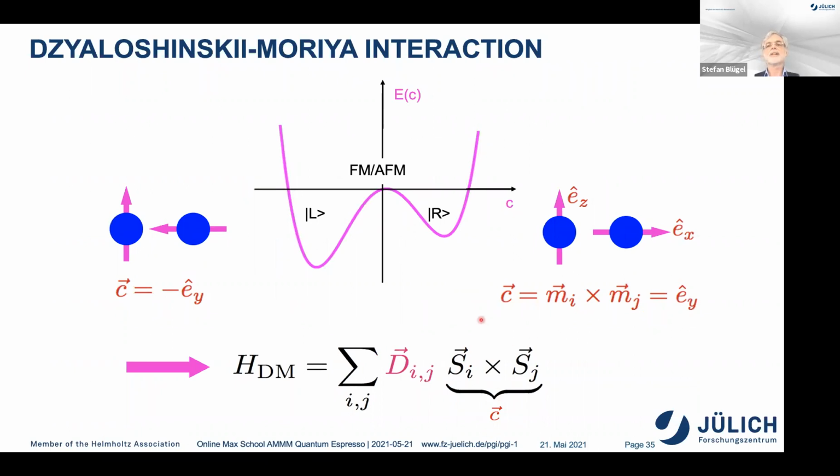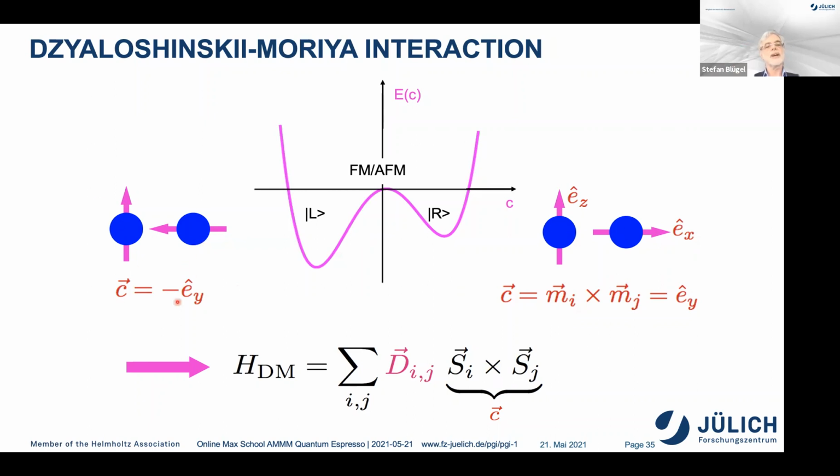Why? Because if you look at the magnetic structure of this pair of atoms, you see that the cross product of this points in the y direction. So maybe this is the direction towards you. Whereas if you rotate, so here the spin structure is rotating clockwise. But here, the spin structure is rotating counterclockwise.